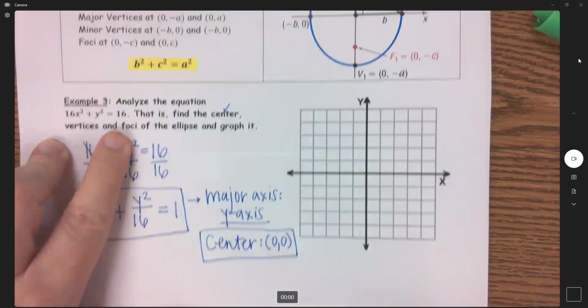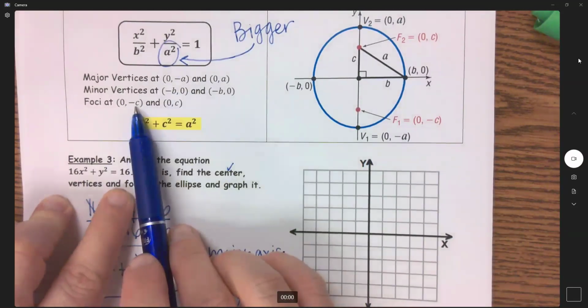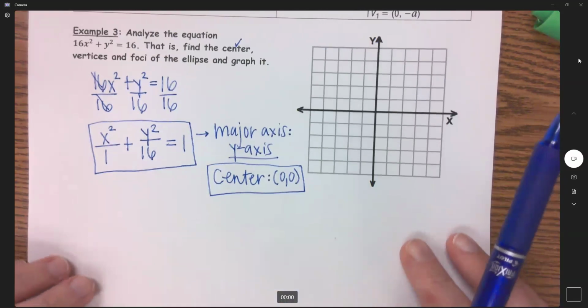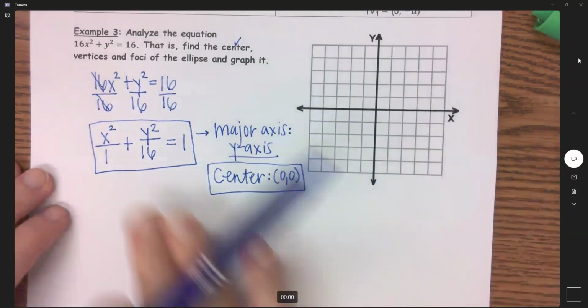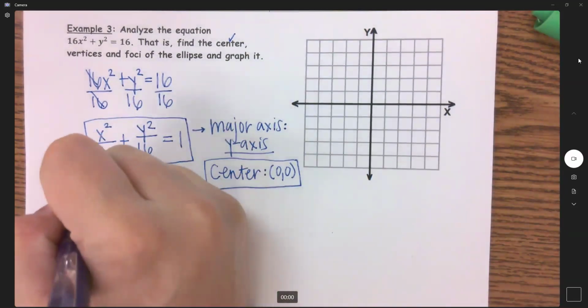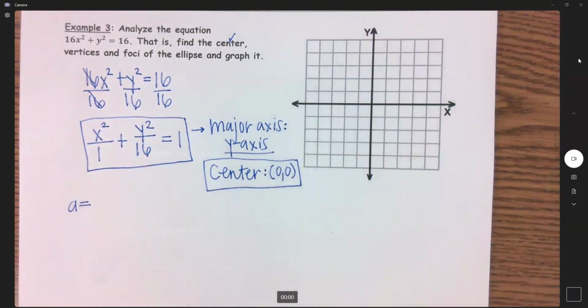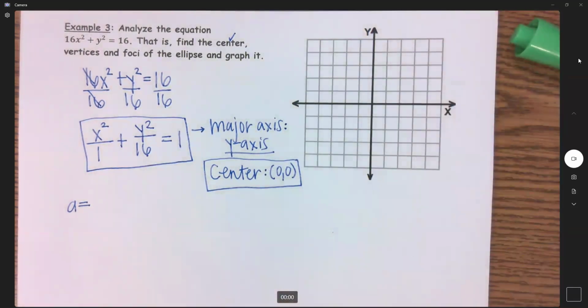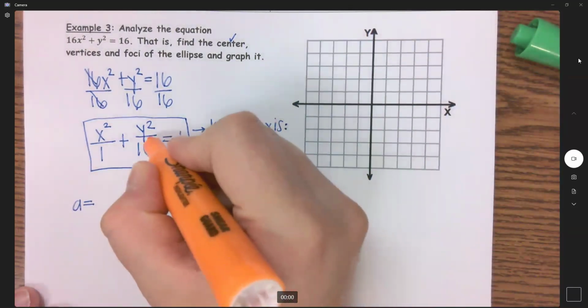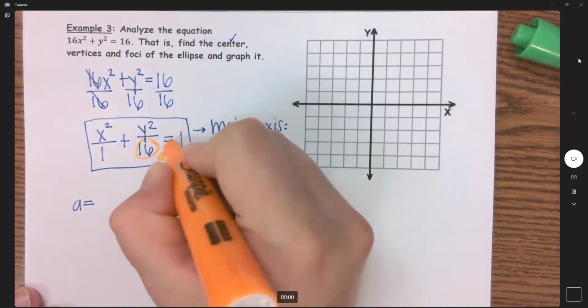For vertices and foci, I need my a and technically my c. Okay, so from this one right here, if my bigger number represents my a squared, so I'll go ahead and just put this here, is my a squared.